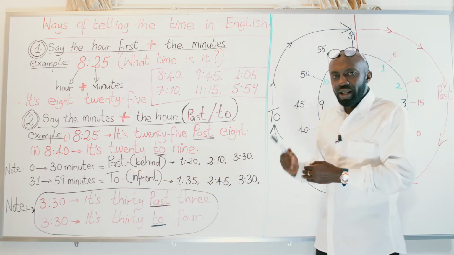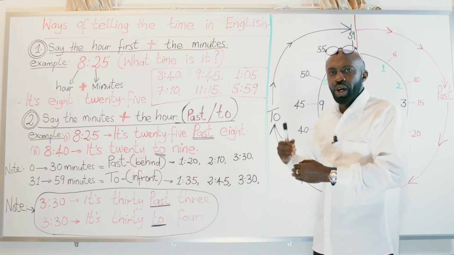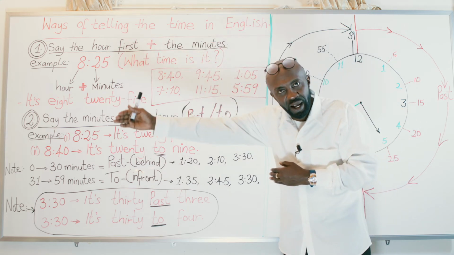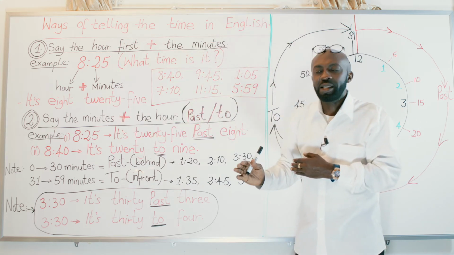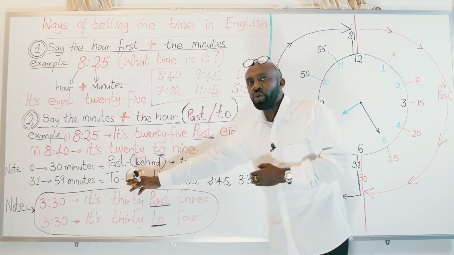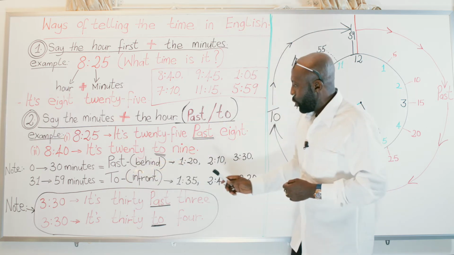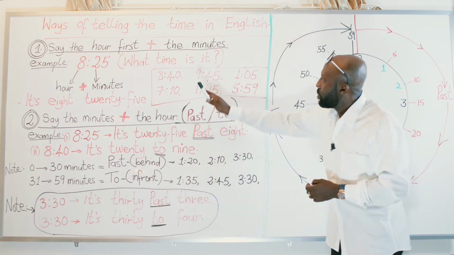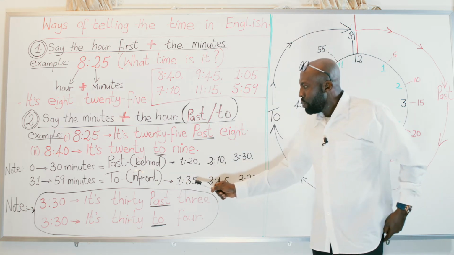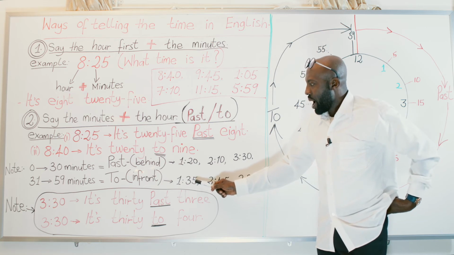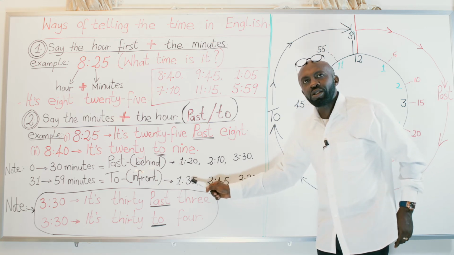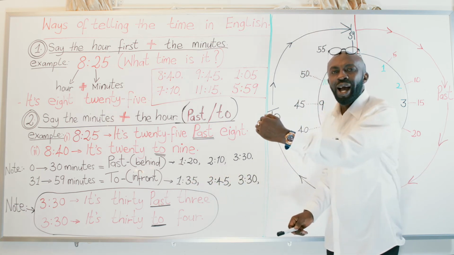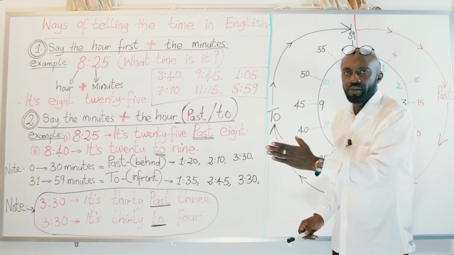You are telling us the minutes you are supposed to add before you get to the next hour. That is how we use to. So you look at this time, 1:35. Okay, how many minutes are you going to add to 35 in order to be at 2 o'clock?